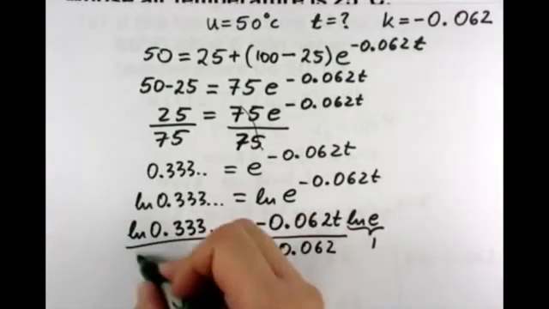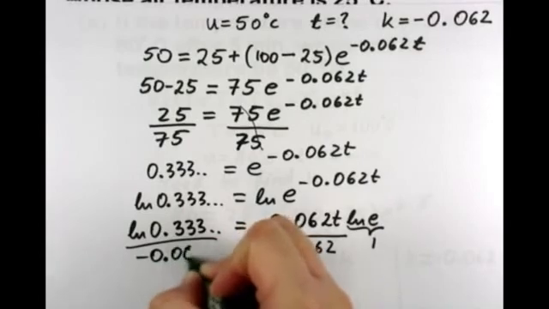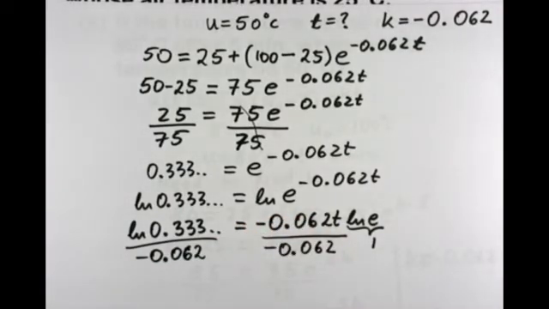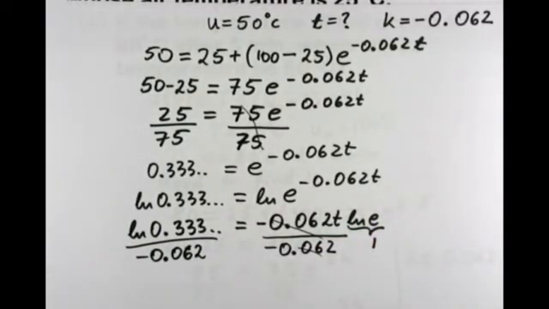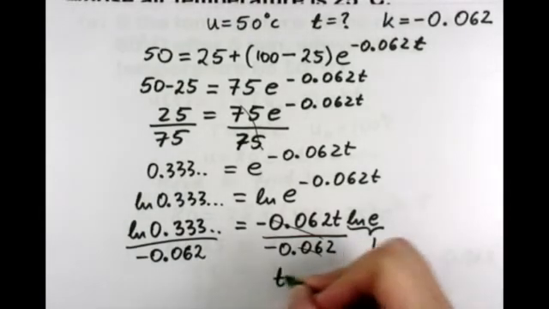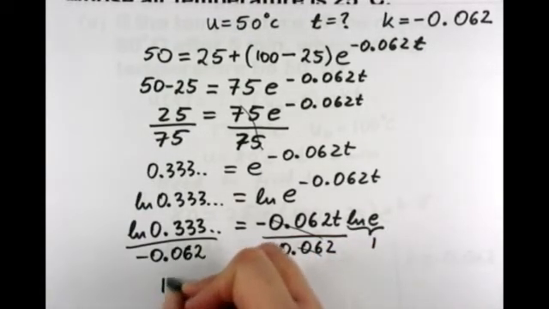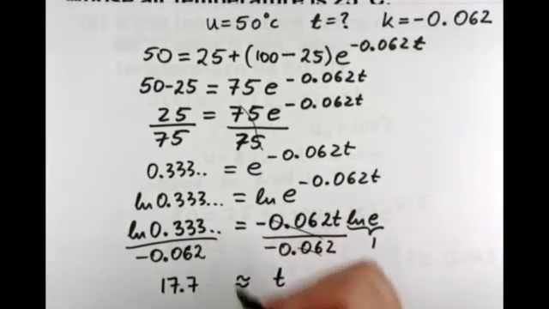This is 1, so we just divide by minus 0.062, and I'm gonna use the answer key for that approximation. So we have ln 0.333 divided by negative 0.062, and that gives me 17. So my t is approximately equal to 17.719 and so on.